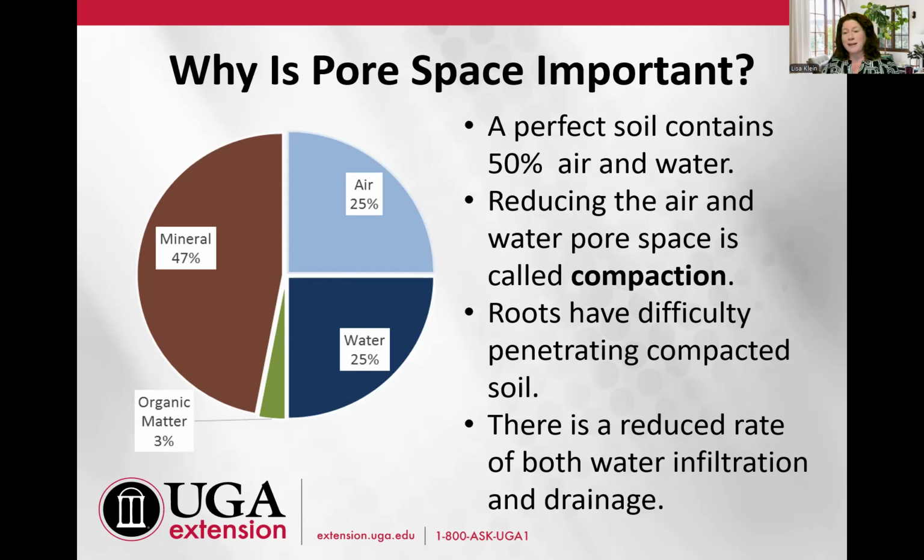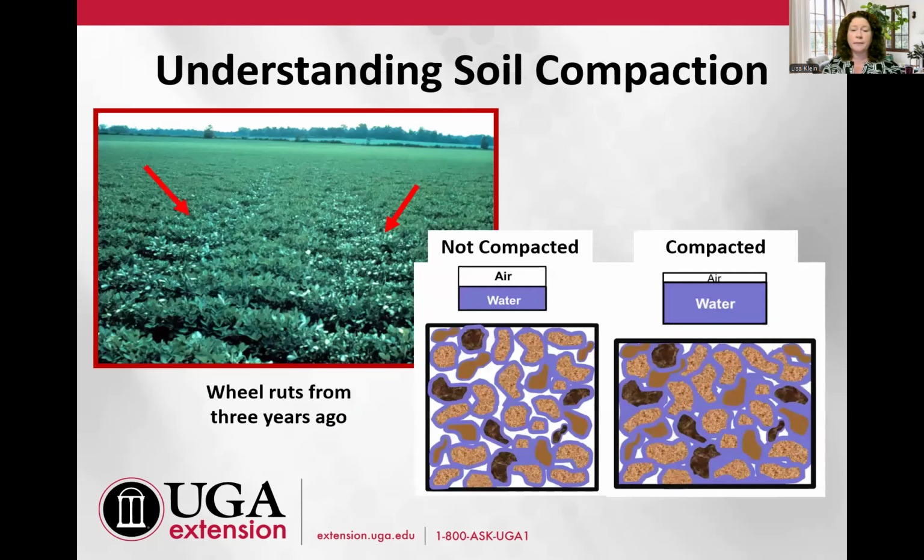Roots that you plant there maybe next year in that row are going to have a harder time growing through that area if you don't amend the soil, than they would if, say, you had raised beds and you were walking around the raised beds versus just the in-ground beds. There's going to be a reduced rate of water infiltration and drainage. So sometimes you're going to find those plants maybe a little stunted. They're not growing near as well as the ones right next door where you didn't do all the walking.